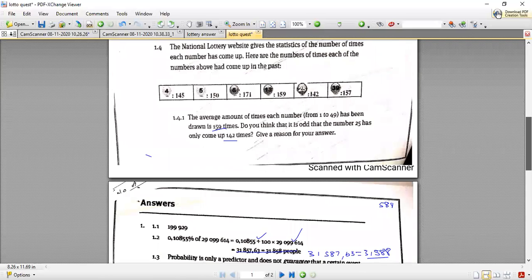So coming back to that prediction, where 25 was drawn fewer times than the other numbers, like 4 and 5 and 6 and 39, it tells us that because it's a random draw, anything can happen and your probability would differ from the theoretical.